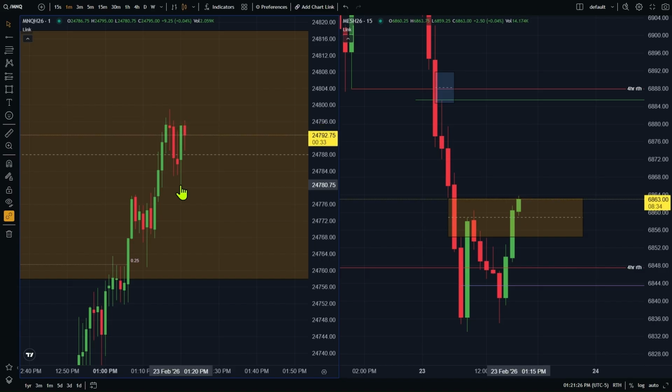Liking it so far. Staying above the halfway point of that last candle. That's good. Let's do an 80 to 20 rotation here.